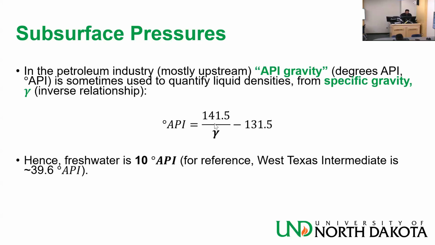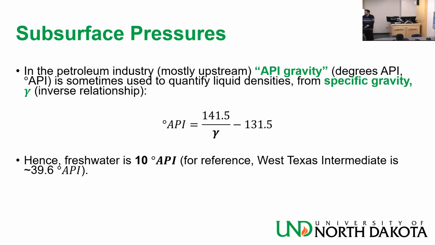So fresh water, what would be its API gravity? 10. Not 1, 10. What if I have a heavy fluid, like Canadian heavy or California heavy? Will its API gravity be bigger or smaller than 10? It will be smaller.